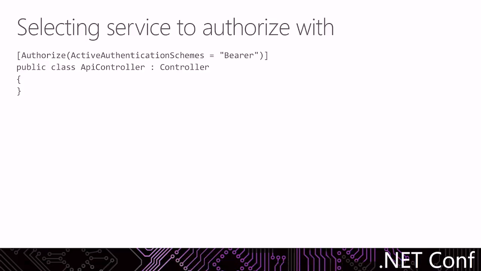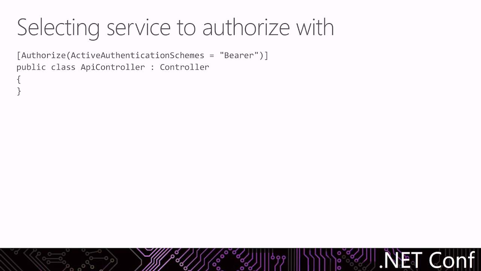We have Authorize with ActiveAuthenticationSchemes equals Bearer. So you would put that on your API endpoints, on the controllers that you want to have JWT. Everything else will use the automatic one when you do authorize. If you want to use both, this active authentication schemes is a comma delimited list. And you can do this in a policy as well. There's a property on the policies if you want to express it in code rather than inside an attribute. And you can do them both that way.